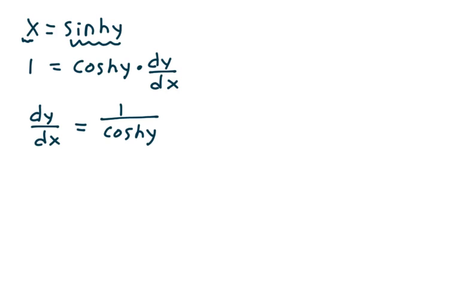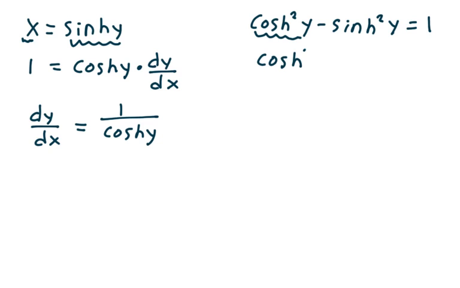Now, remember, hyperbolic cosine squared of y minus hyperbolic sine squared y equals 1. So I'm going to solve for hyperbolic cosine squared y. So hyperbolic cosine squared y is 1 plus hyperbolic sine squared y.